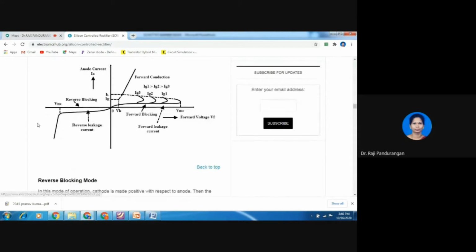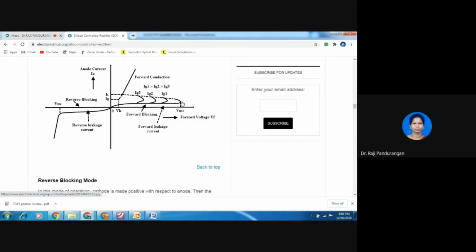This is the very important graph which I explained just now. You can clearly see, if I increase the forward voltage, just like the VI characteristics of a diode, there won't be that much conduction, very little current.